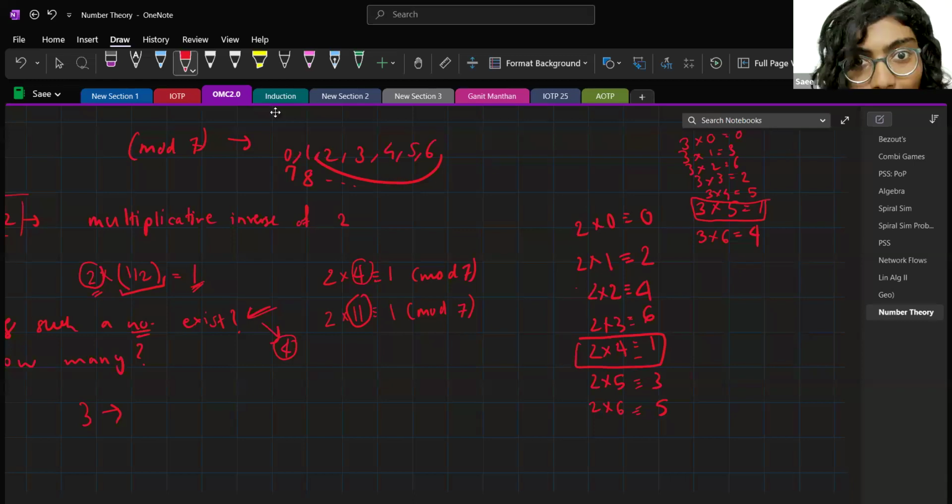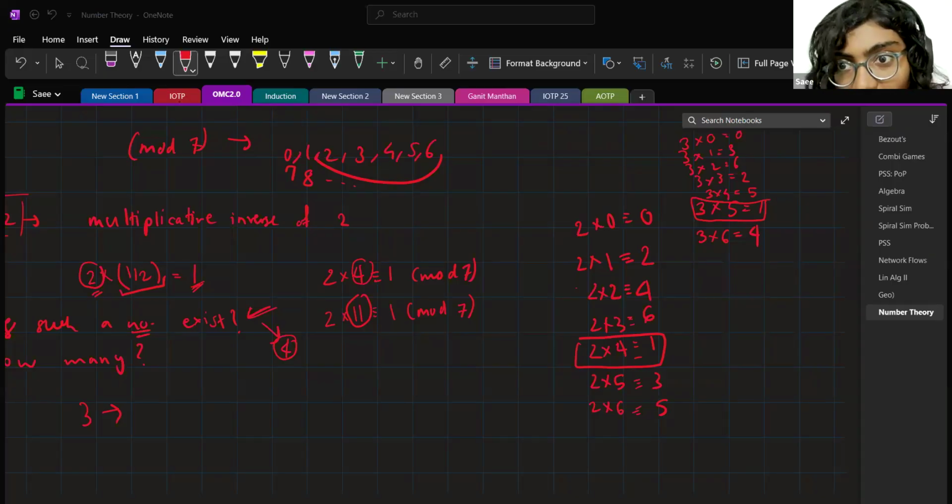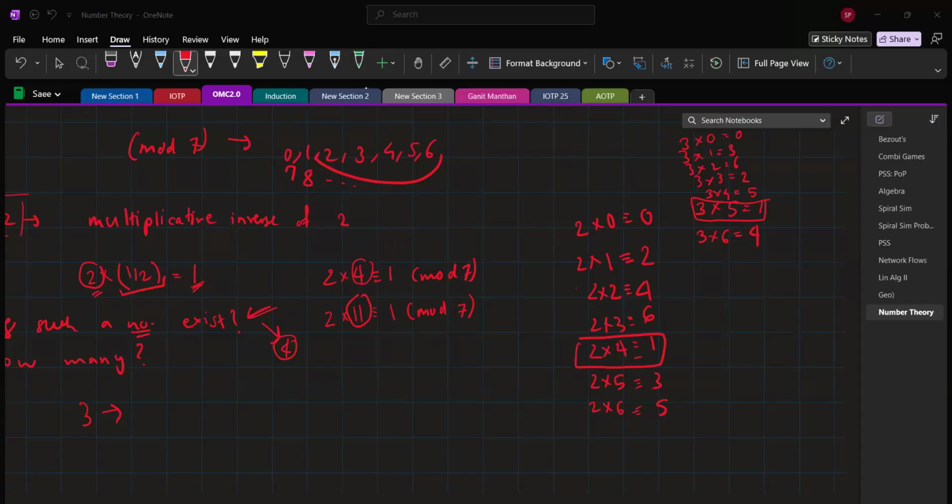What about 4? Does 4 have a multiplicative inverse?